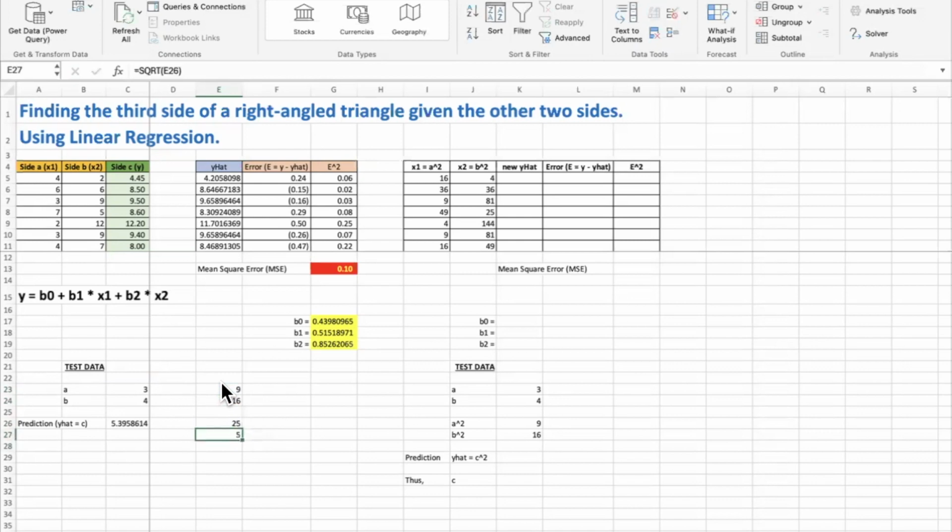So the actual value should have been 5, but the machine has predicted 5.39. Now the data scientist thinks that this is good, but I have a hunch that maybe the relationship is a square plus b square is equal to c square.